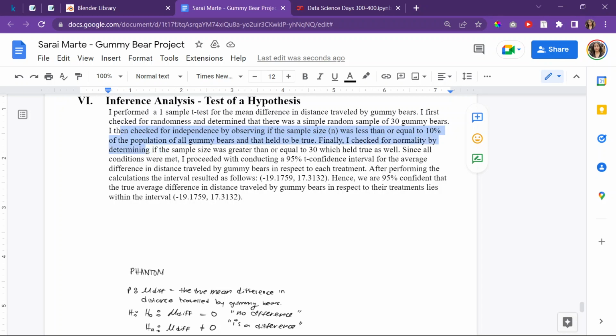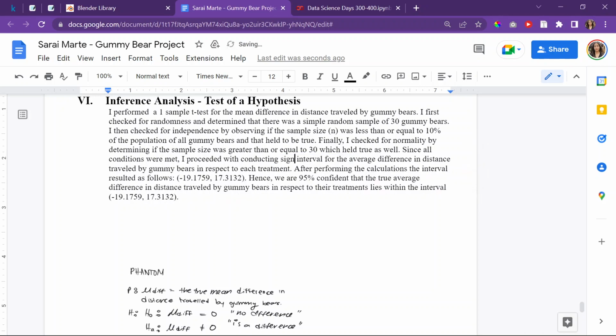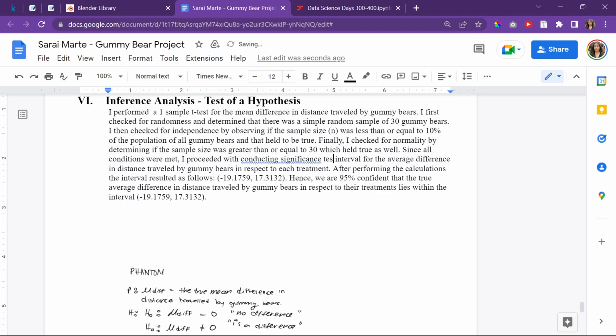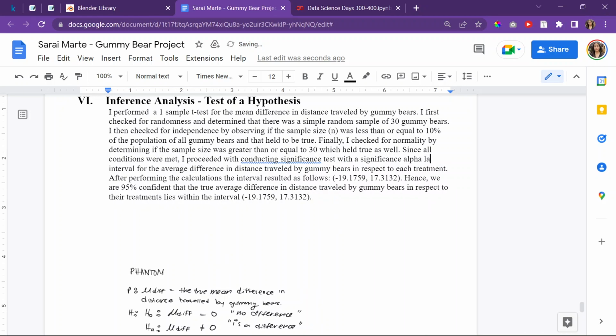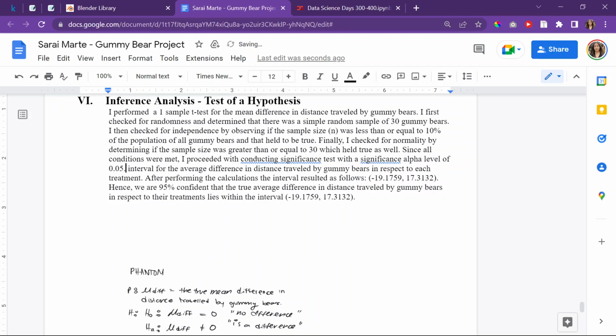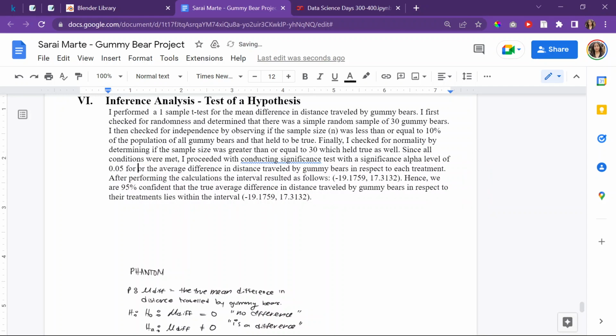Finally, I checked for normality by determining if the sample size was greater than or equal to 30, which held true as well. Since all conditions were met, I proceeded with conducting a significance test with an alpha level of 0.05 for the average difference in distance traveled by gummy bears in respect to each treatment.